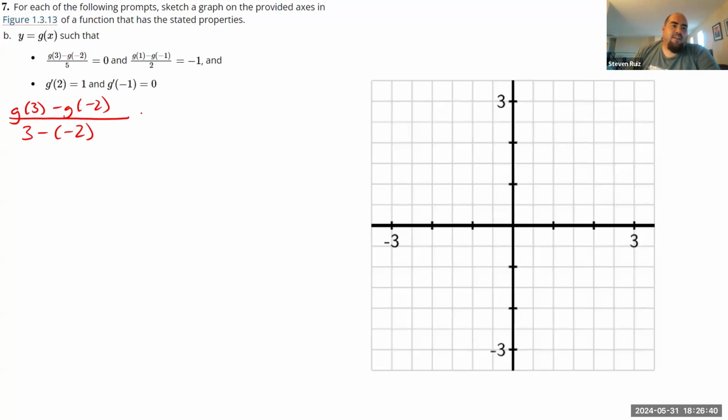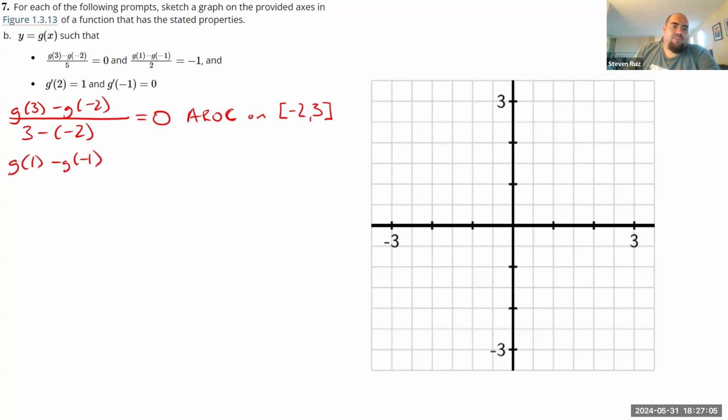So what I'm really looking at here is a slope calculation across 2 different points, or in other words, the average rate of change on this interval, -2 to 3. And I can say something very similar for my other interval.